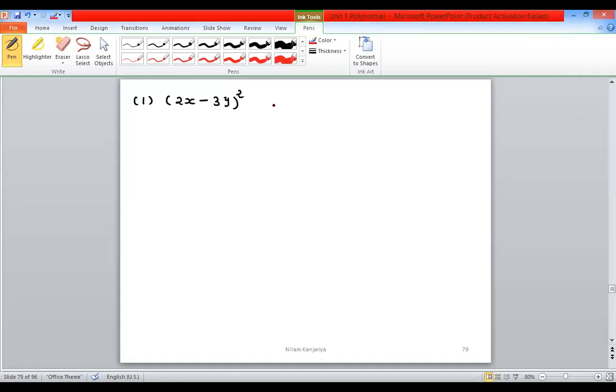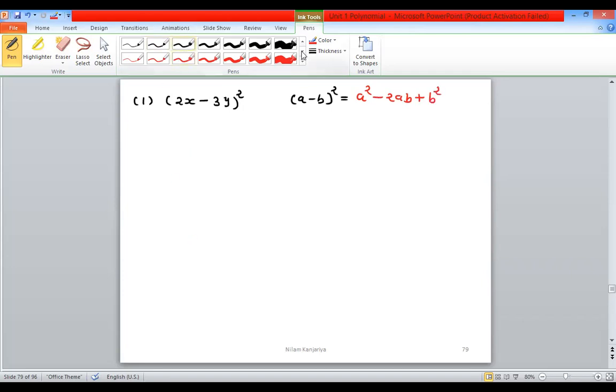Very good. This is the a minus b whole square identity used. And what happens when a minus b whole square? It's a square minus 2ab plus b square.